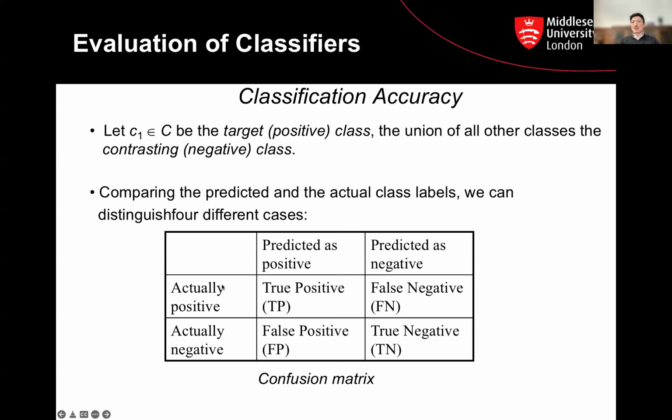You can imagine if you have 3 classes for your data set or question, then you have 3 classes for the rows and 3 classes for the columns. So you're going to have a bigger confusion matrix, 3 by 3, which has 9 cells. As you can see, if you have n classes, you have n squared cells in the confusion matrix.